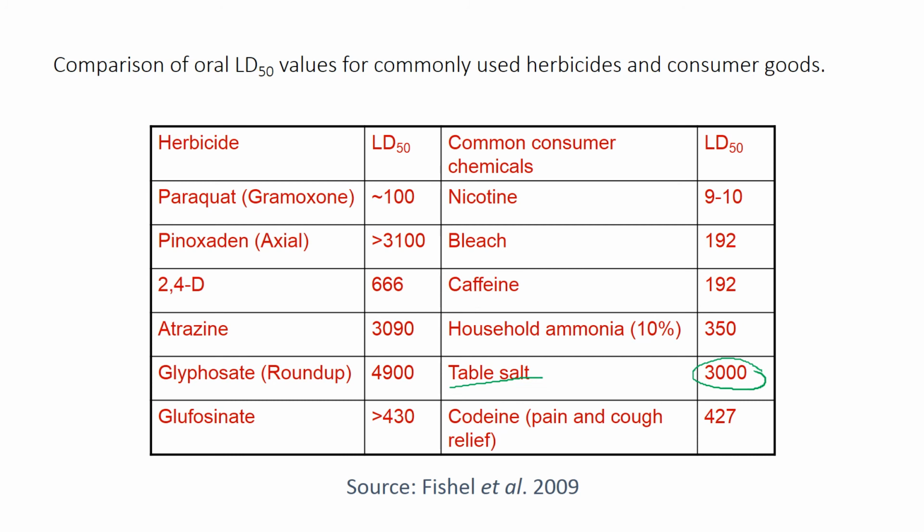This is the LD50 for the herbicides, and this is for consumer goods. Remember, the lower the LD50, the more lethal it is. So you can look here, paraquat, which is one of the herbicides, is around 100 LD50, compared to nicotine at 9 to 10 LD50. Which means you would be better off drinking paraquat than smoking.